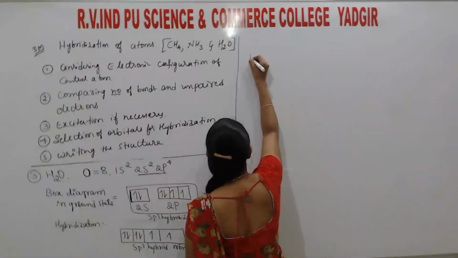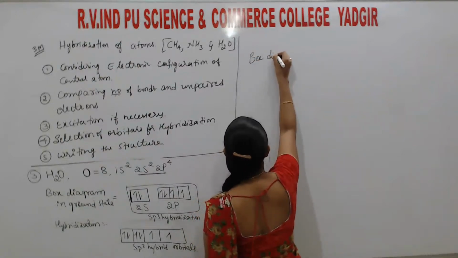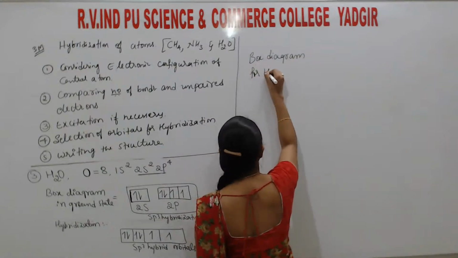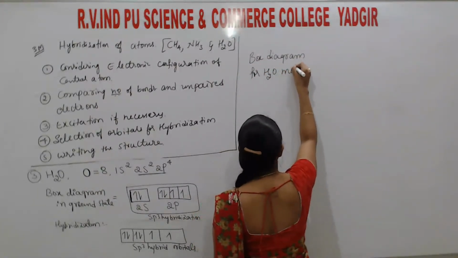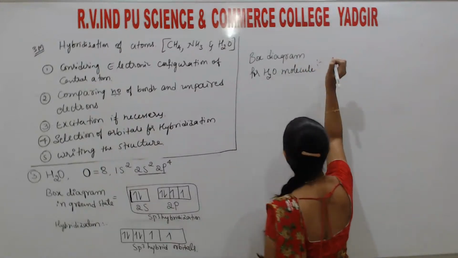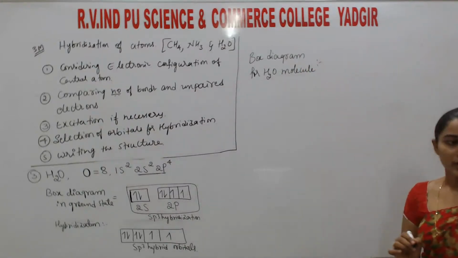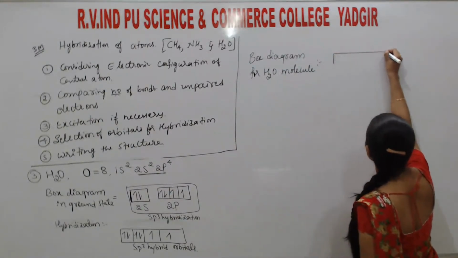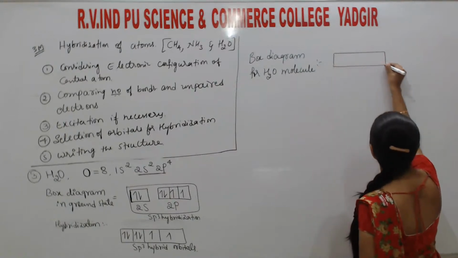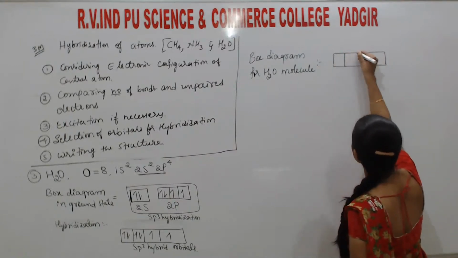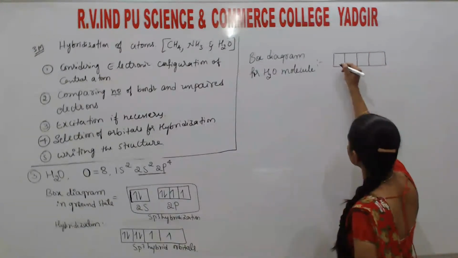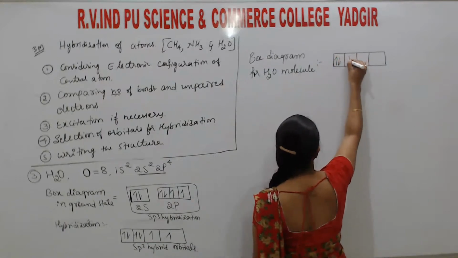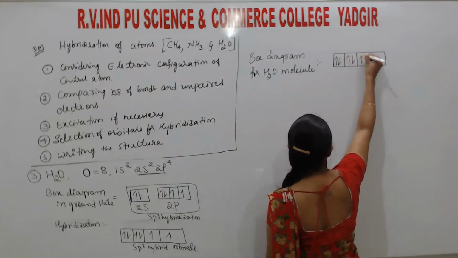So the next one is the box diagram for the H2O molecule. Then consider here the hybrid orbitals. This is the hybrid orbitals of oxygen.